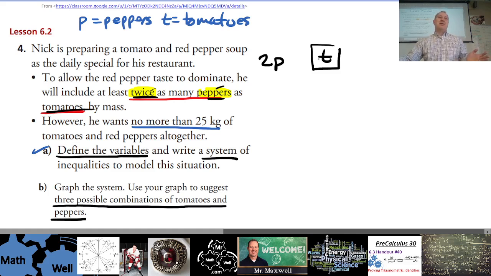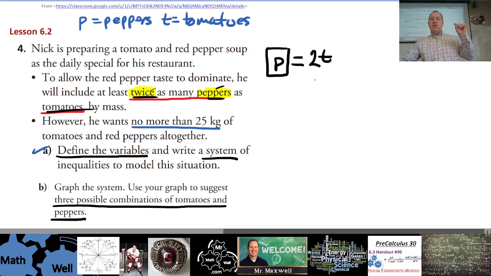See, that doesn't make sense, right? So we're going to want to put the 2 over here so that the pepper mass is at least equal to, so I'm going to put the equal sign there for now, is at least equal to 2 times the mass of the tomatoes.